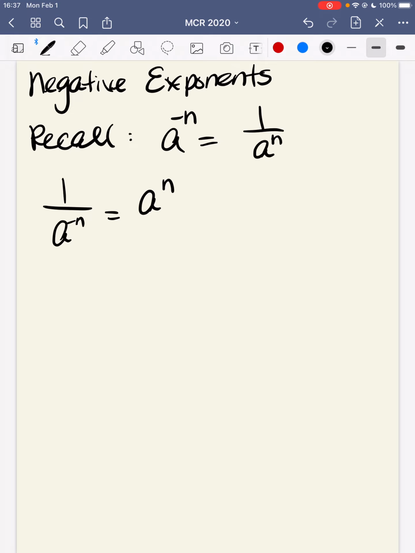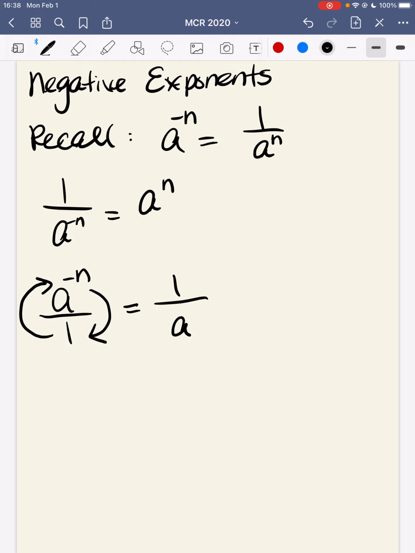Okay, so we know that any variable can be written over 1. If that variable has a negative exponent, what is happening is we're switching the numerator and denominator, so basically flipping the fraction over, putting the 1 in the top, the variable in the bottom, and that makes the exponent positive.